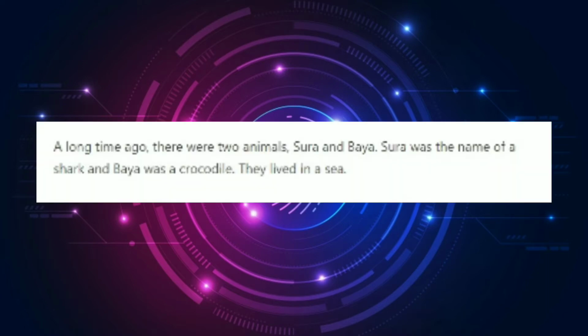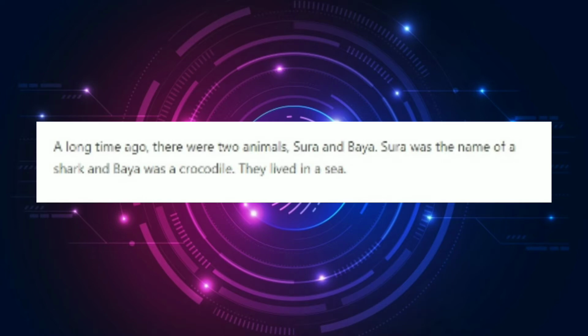A long time ago, there were 2 animals, Sura and Baya. Sura was the name of a shark and Baya was a crocodile. They lived in the sea. Stop.